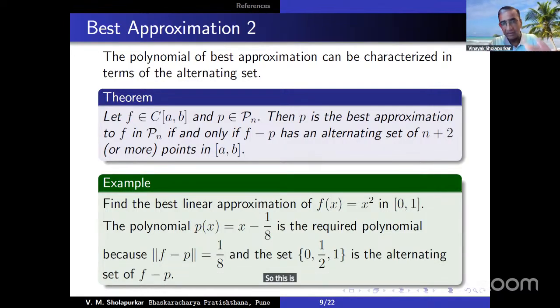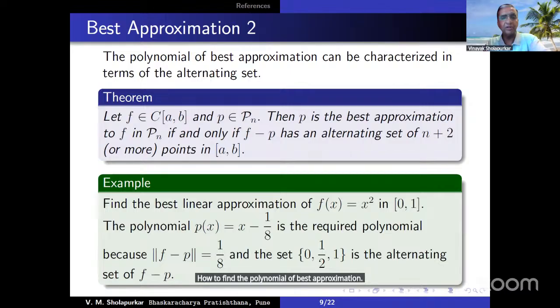So this is one very strong tool for finding polynomials of best approximation. Of course, x minus 1 by 8 is given to you here. So it's not very clear at this stage how to come up with this, how to find a polynomial of best approximation.